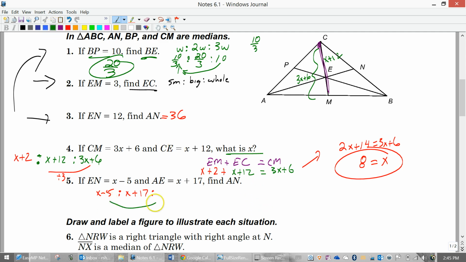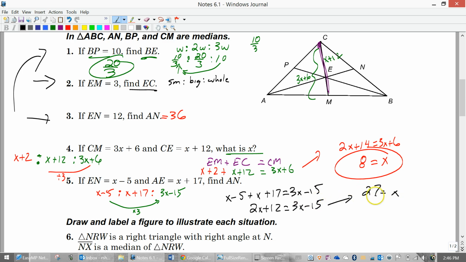Well, the whole is 3 times the size of the small, so we're going to multiply that by 3. So we get 3x minus 15. And then we can write a relation expression for those, using the segment addition theorem. And we go ahead and calculate this. We get 2x plus 12 equals 3x minus 15. And we get x equals 27.